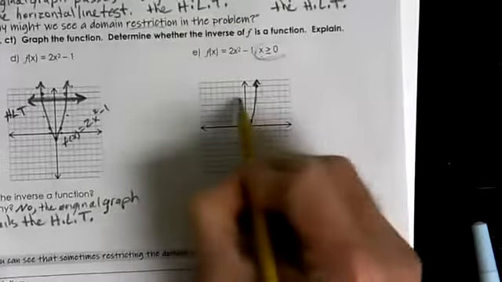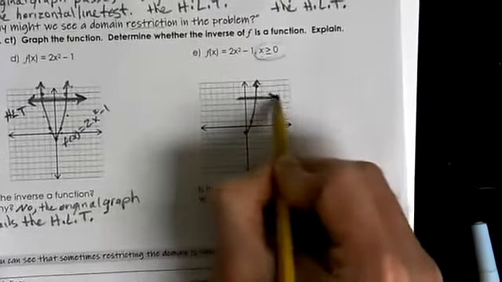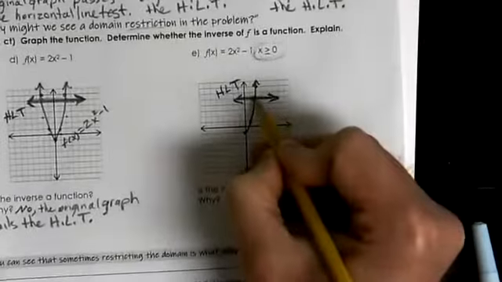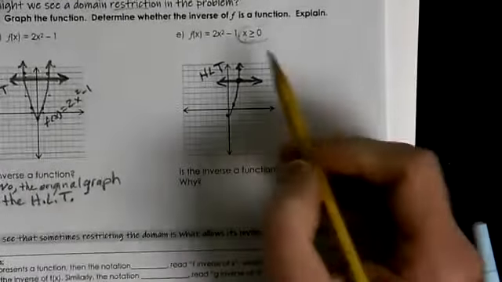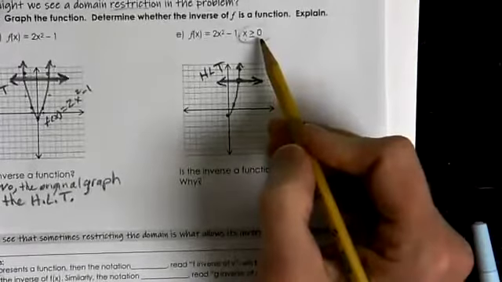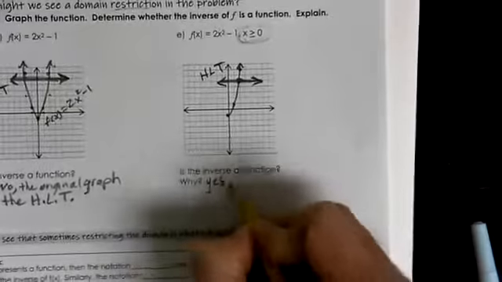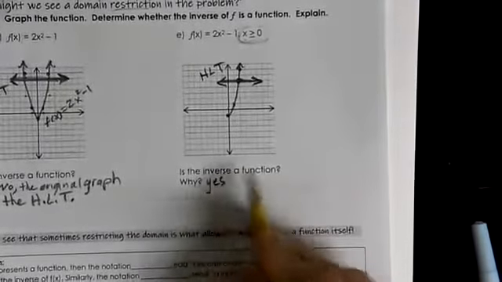So now we do a horizontal line test to it, and we see that it crosses exactly once. So if you restrict the domain, it is possible that, yes, the inverse is a function.